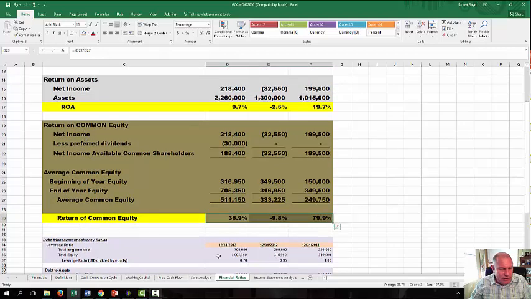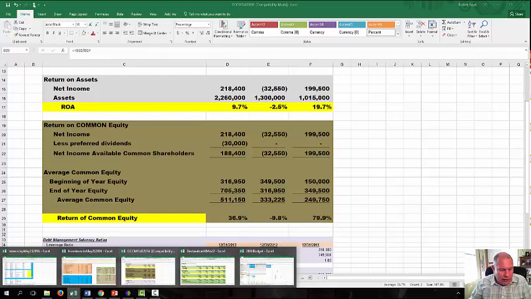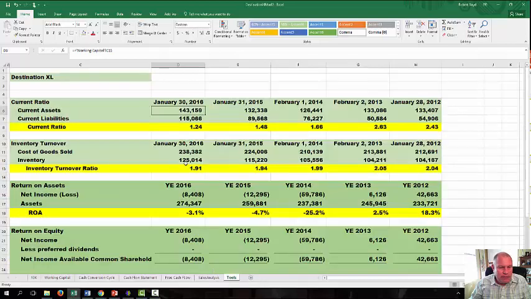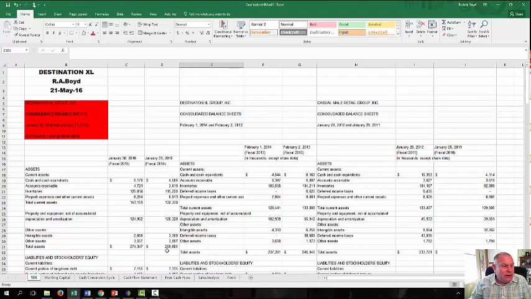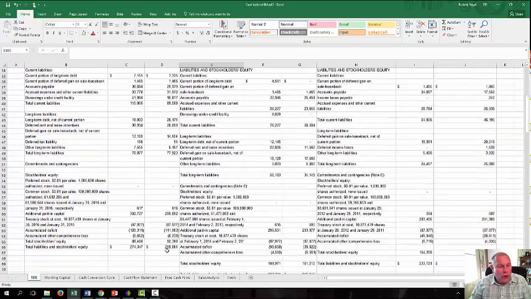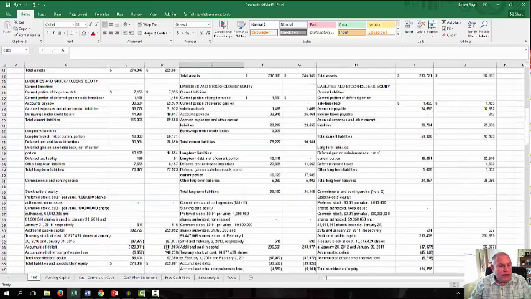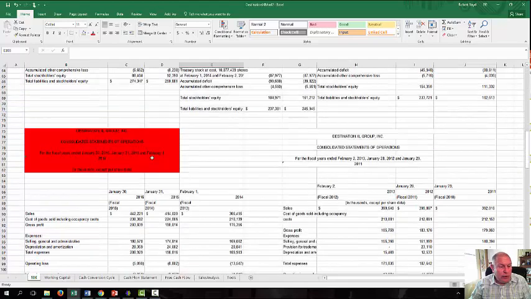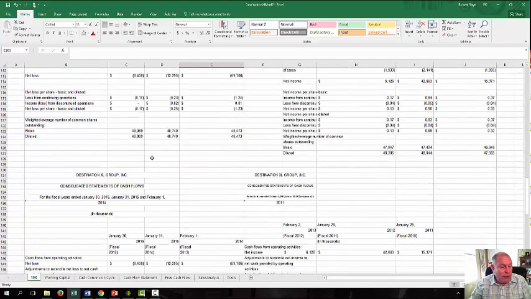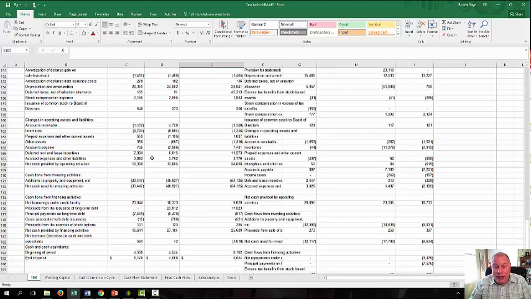And let's take a quick meander over to Destination XL. Same thing. I built it based on a model. So right here, I put all of my financials. I started by bringing in my balance sheets. I've brought in my consolidated statement of operations and my cash flows.